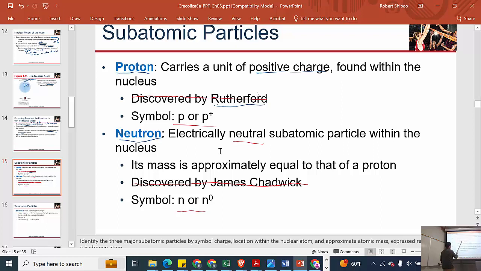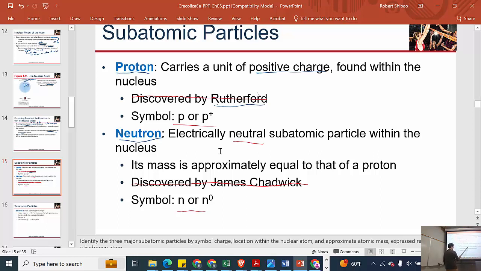You don't have to know this, so we're not really going to talk about it, but he discovered it using a cathode ray tube also. And it carries a positive charge. It's much heavier than the electron, and the symbol is just P+. The neutron also is much heavier, 2,000 times heavier than the electron. And the symbol for neutron is N0, for zero charge. These were discovered by James Chadwick, though. These two discoveries we aren't going to discuss. The only one we discussed is the electron.